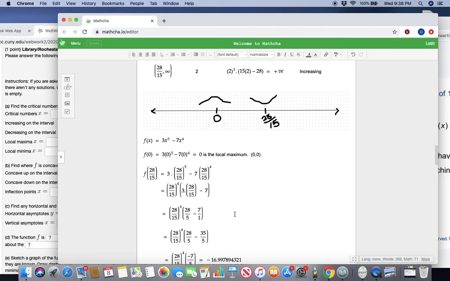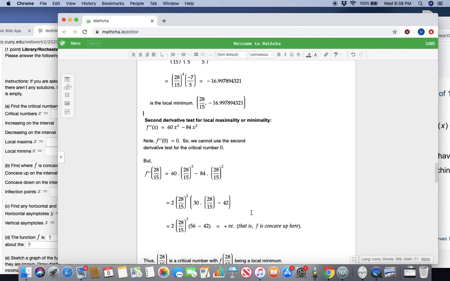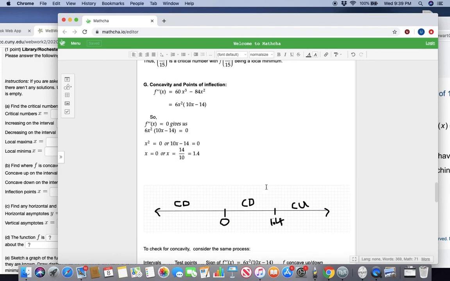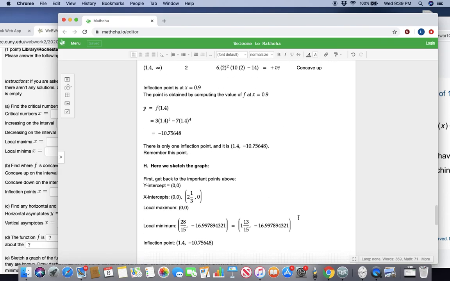So second derivative test can only be used when the value is not 0. If you get an answer of 0, then second derivative test is not useful. Okay, I'll come back to concavity and points of inflection in the next video. Okay, until then, bye.